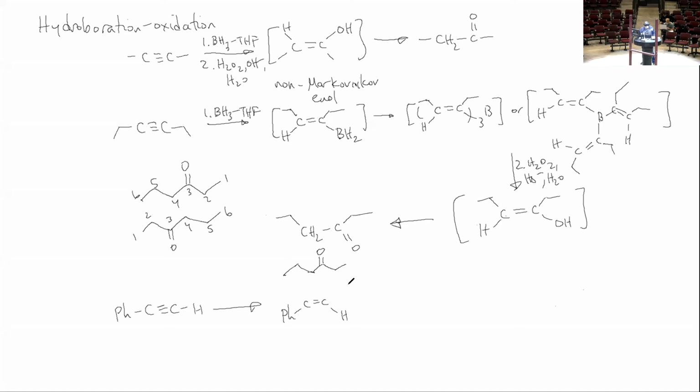Well, actually, this is now just CH2. It's pretty easy. Wait a minute. No, I'm losing my mind here. Indeed, I had it to begin with. BH2, right? The boron's going to go in the less hindered position because there's more room for it.